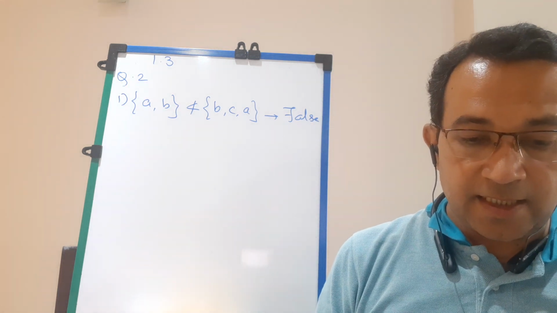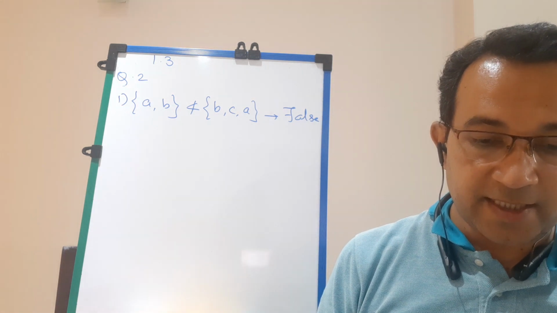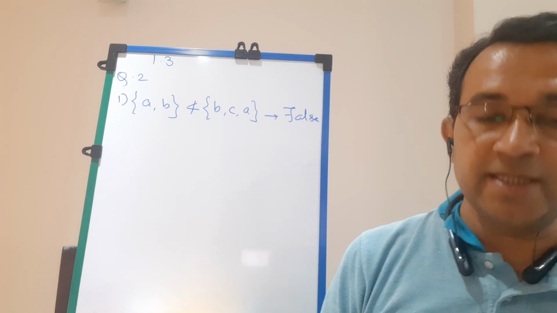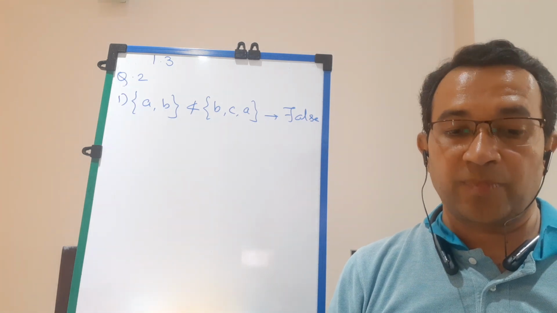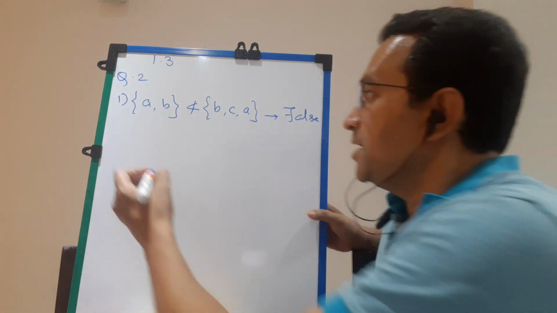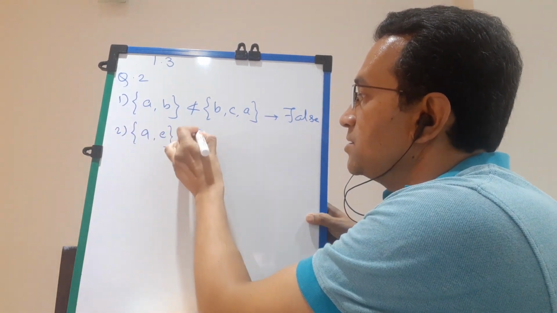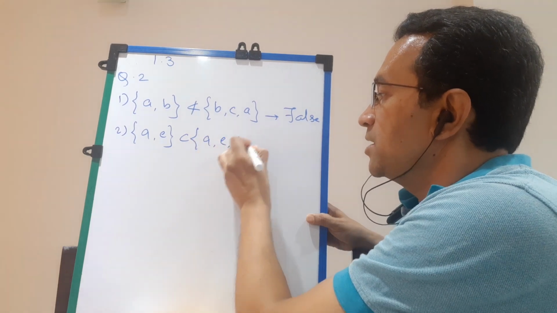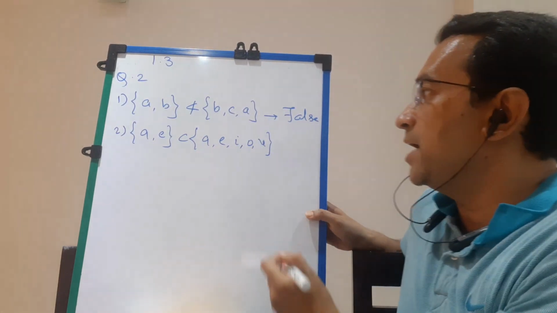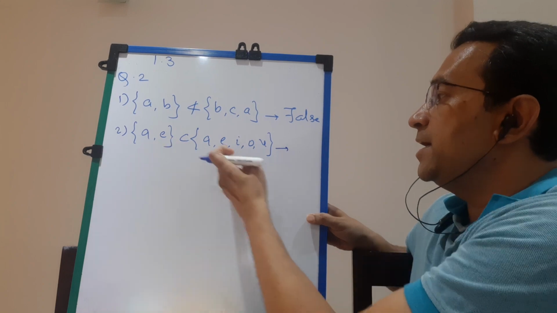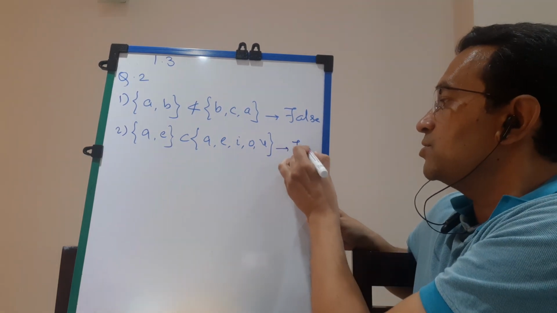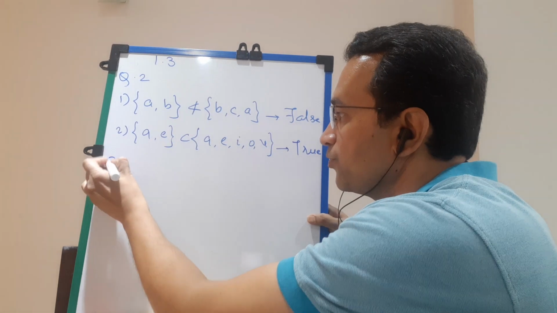Then AE subset of X such that X is a vowel in English alphabets. Now the first set is AE and the second set is vowels in the English alphabets, which are A, E, I, O, U. Definitely A is a subset of second, so this statement is true.